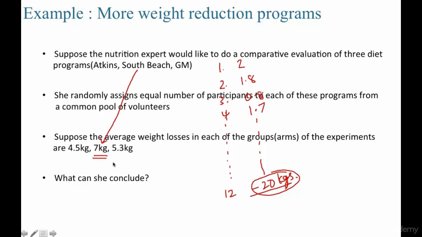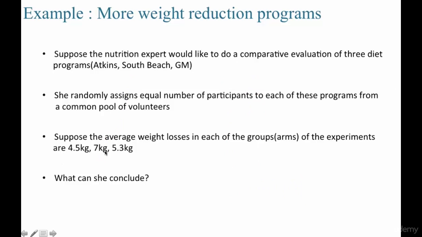Hence, we should not always restrict ourselves or an analysis to the average. That is the reason why, though on an average the people assigned to the South Beach diet program have lost a lot of weight in comparison to Atkins and GM diet program, despite that, we cannot conclude that South Beach is the best because there could be outliers.